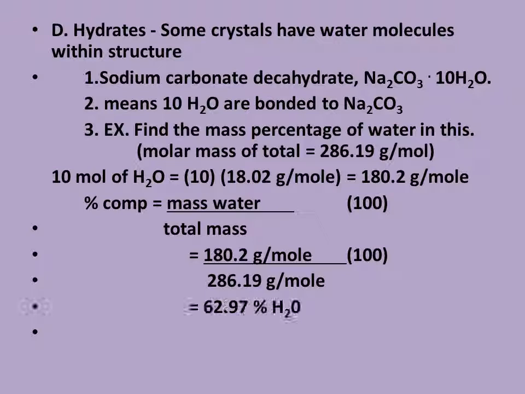Dividing them out and multiplying by 100 comes out to be 62.97% water. 62.97% of the compound sodium carbonate decahydrate is water. So 62.97% of that compound is made up of those 10 water molecules that are stuck.